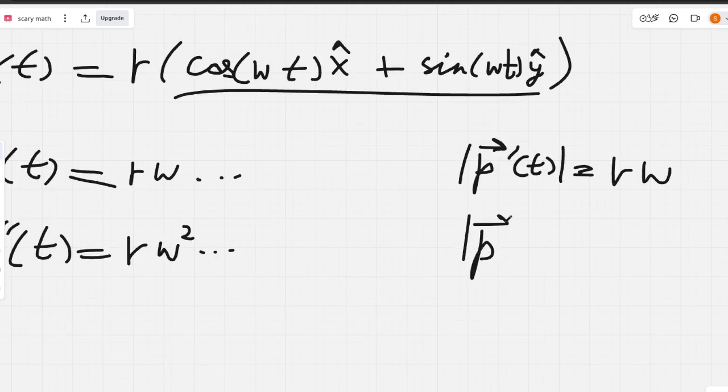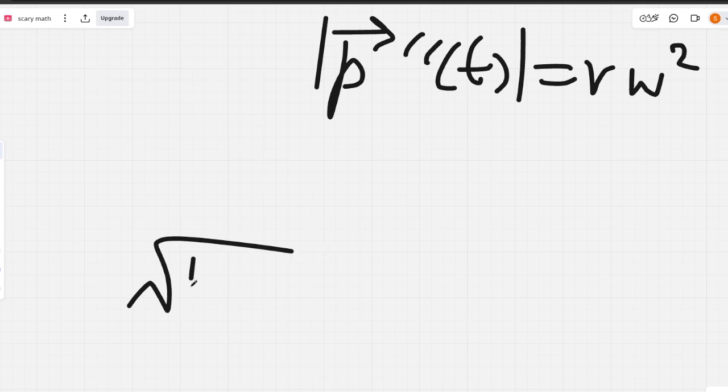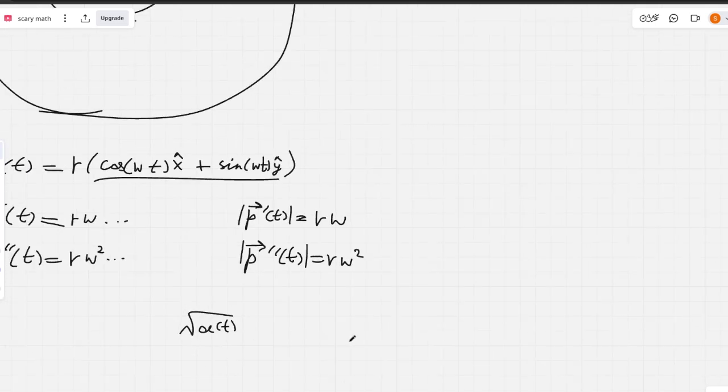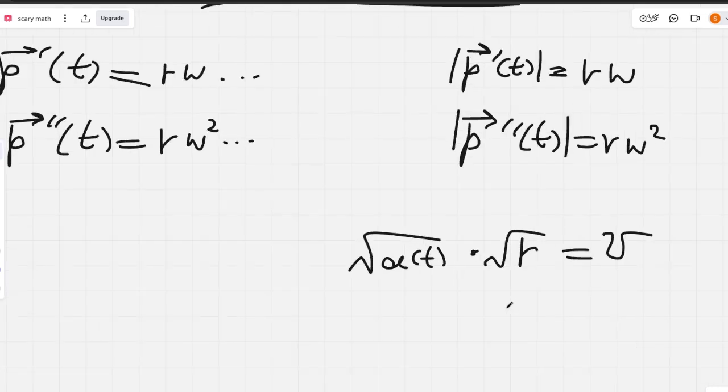Here it's going to be r times omega squared. So what we're going to do is take the square of the absolute value of velocity, so a of t. Then we can multiply by the square root of the radius. That's all it takes to find the velocity. Alright, cool.